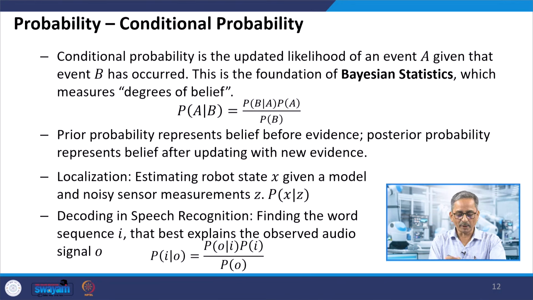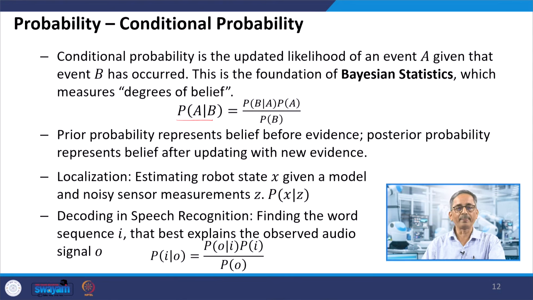So, the probability of event A occurring, considering event B has already occurred, is the probability of event B occurring given event A has occurred, times the probability of event A, divided by the probability of event B. The prior probability represents belief before evidence. Posterior probability represents belief after updating with the new evidence.